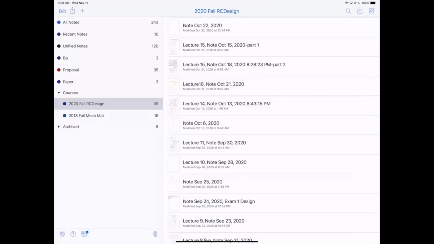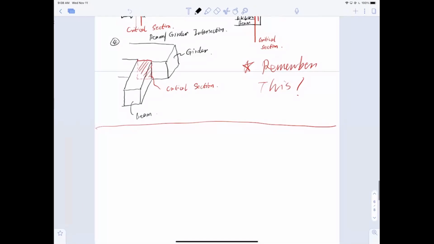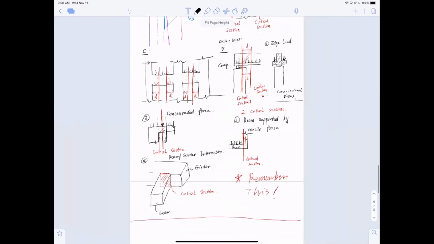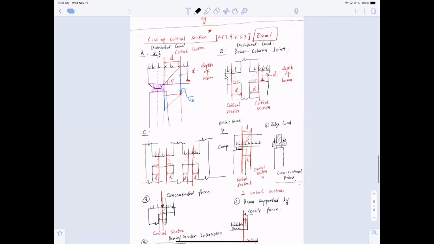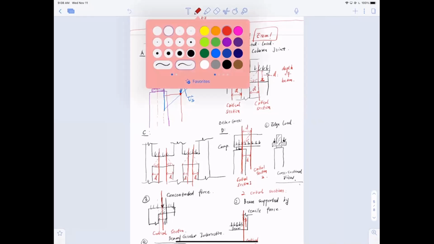Once we have done that, we move on and talk about critical sections. Most of the cases, we have simply supported conditions or cantilever conditions. It's either simply supported, which is this case right here, A, let me use red.